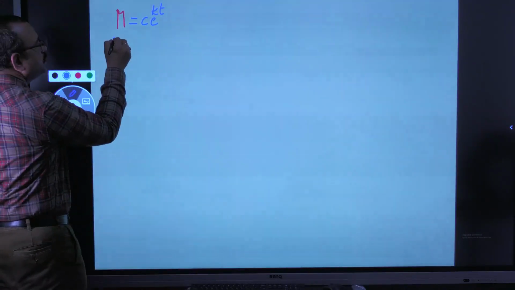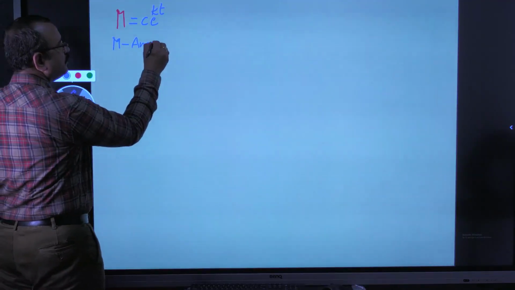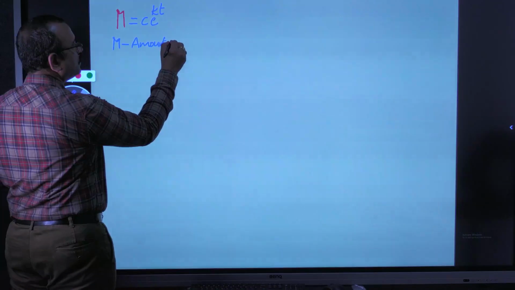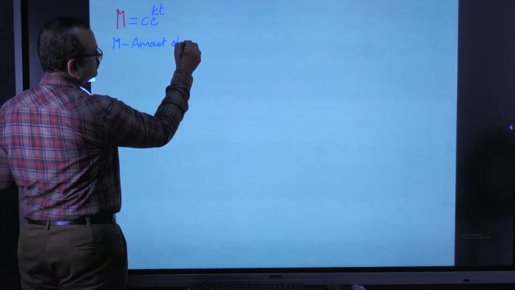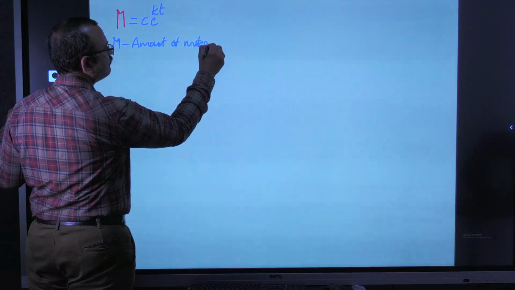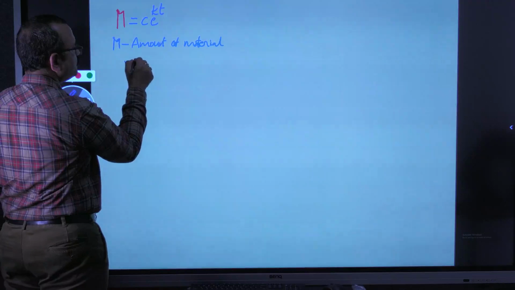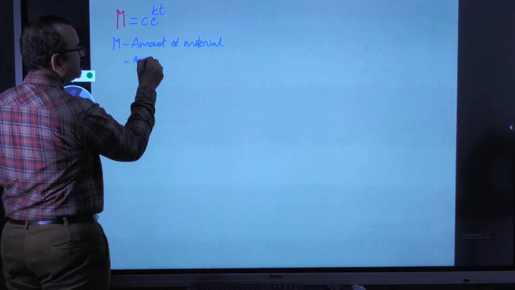So here m means amount of material, here it is nothing but the amount of bacteria.